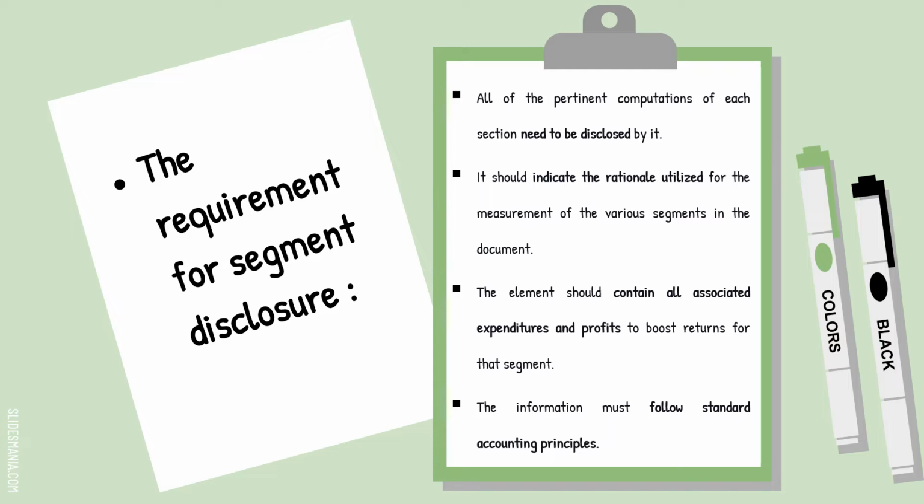Second, it should indicate the rationale utilized for the measurement of the various segments in the document. Third, the element should contain associated expenditures and profits to boost returns for that segment. And the last one, the information must follow standard accounting principles.